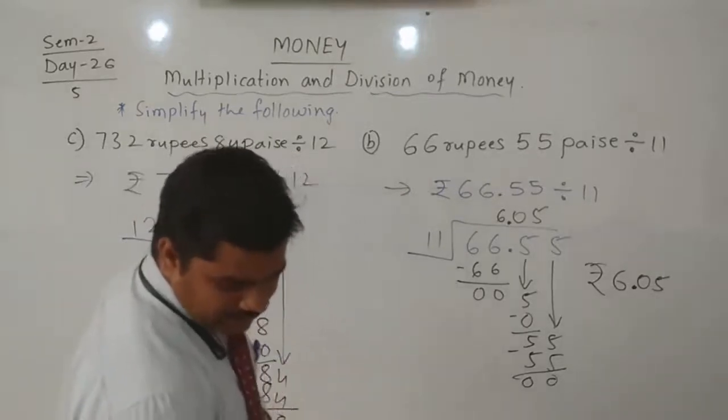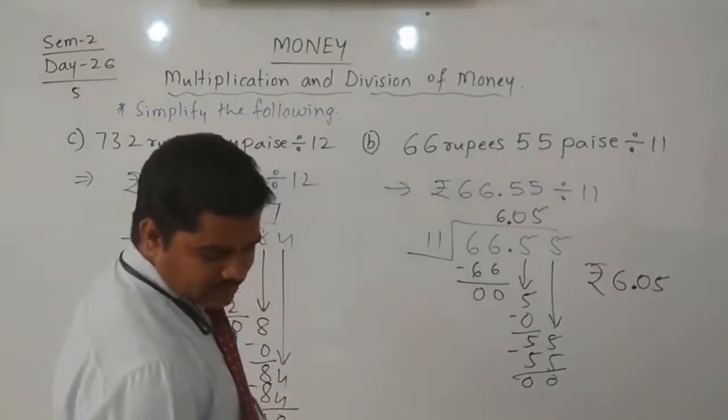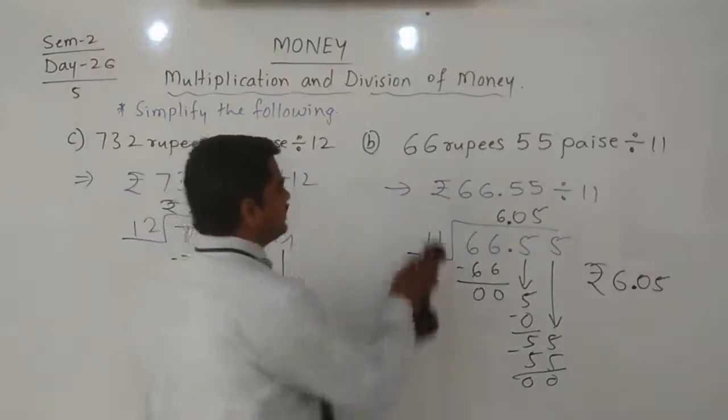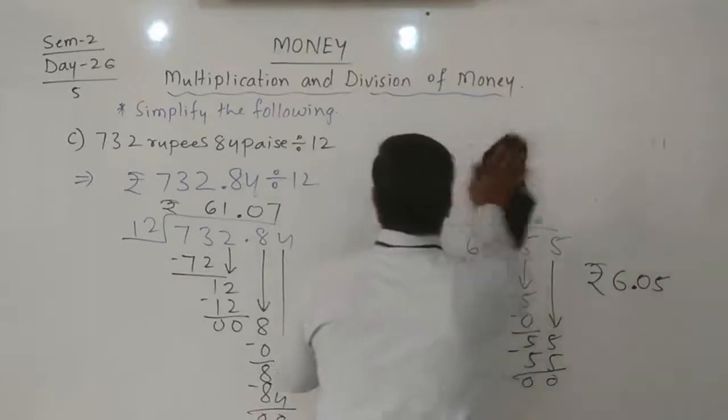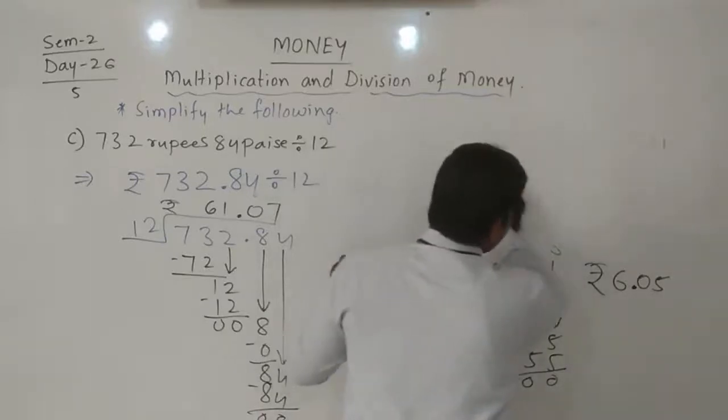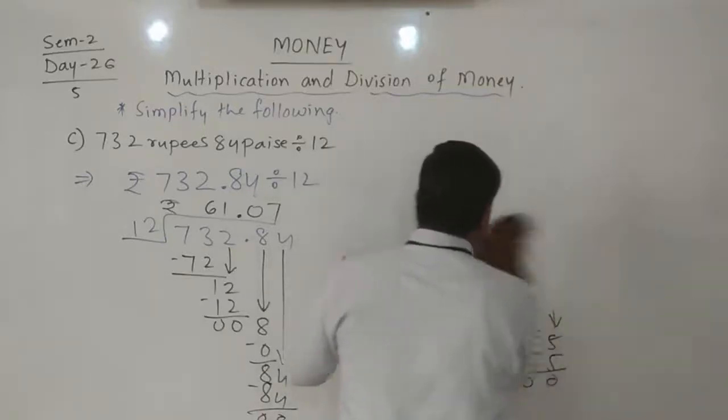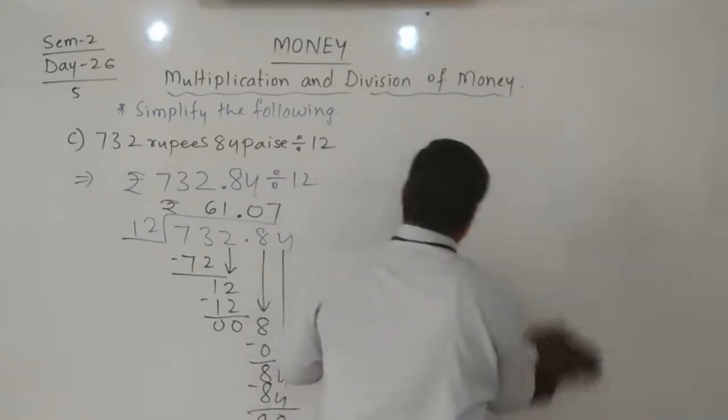And the next, 99 rupees 90 paise multiplied by 6. Very simple. Like these problems, you should practice.